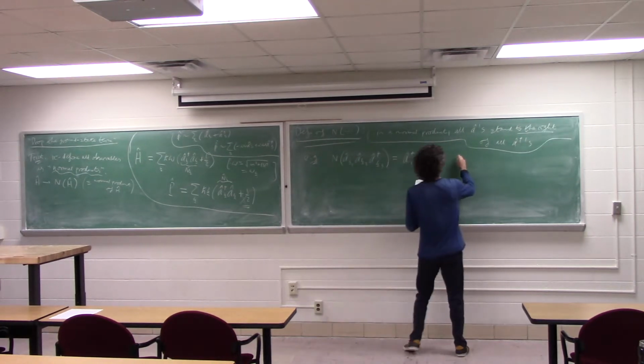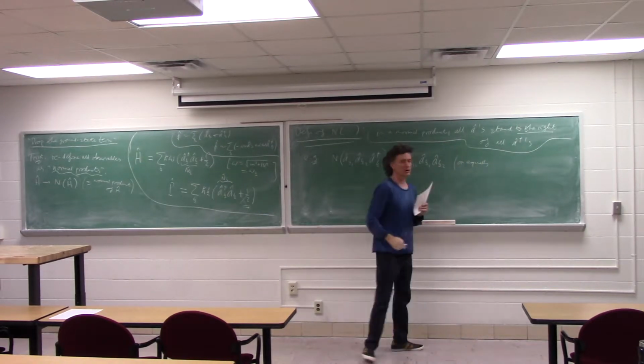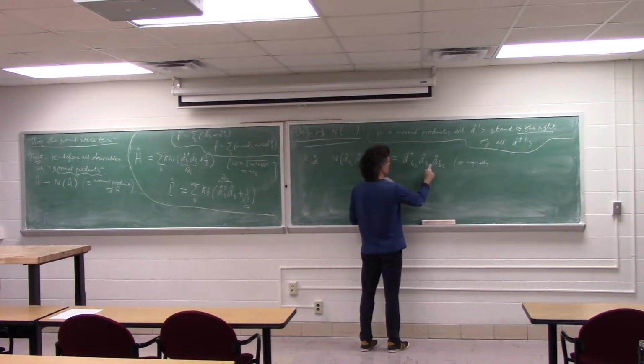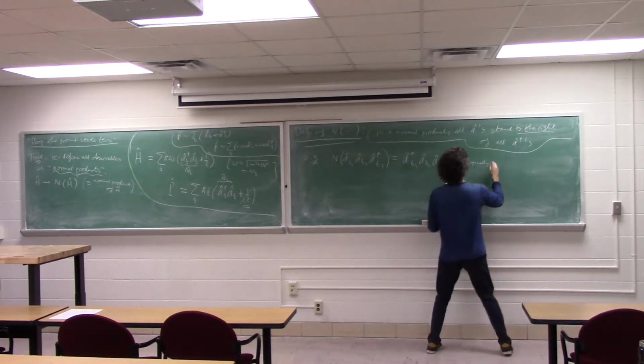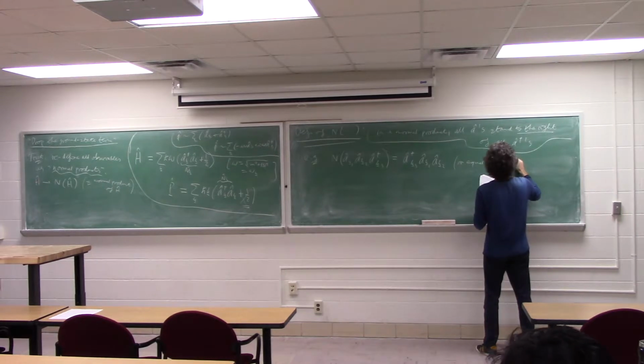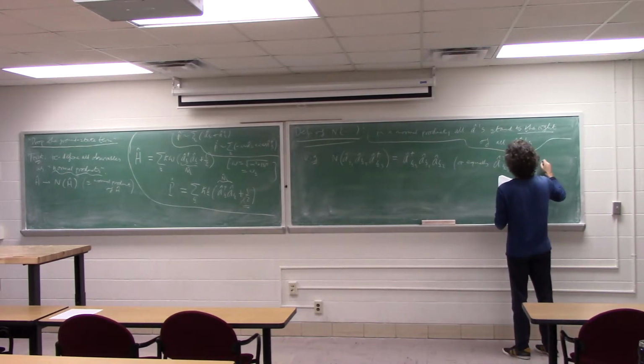Or equally, so the normal product is not quite uniquely defined because the A's commute. So you could just as well flip these. This is also equal to a hat dagger k3, a hat k2, a hat k1.